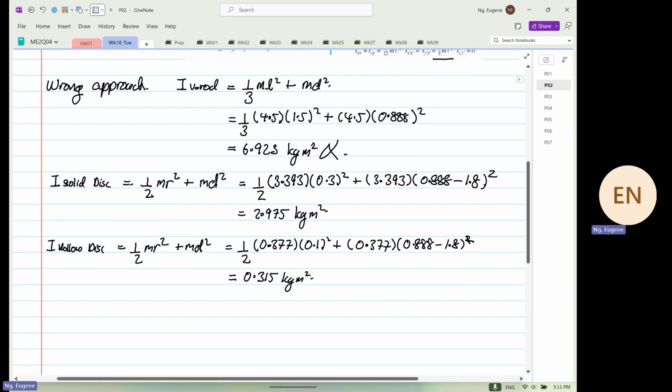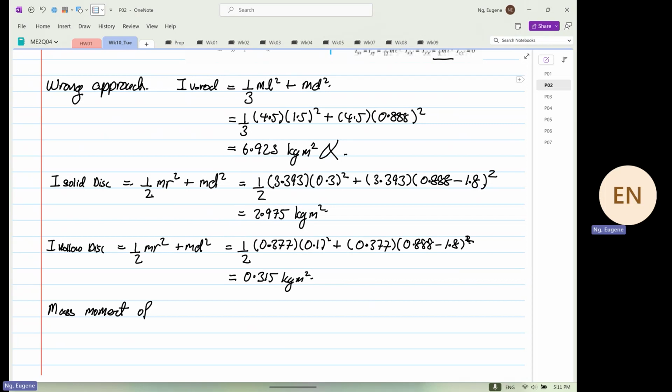So therefore, your mass moment of inertia about the center of gravity. Later on I'll put the minus over there. So this will be equal.